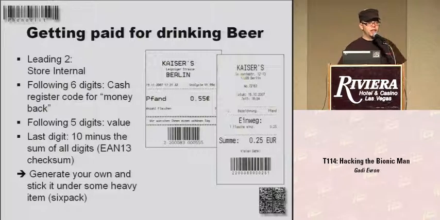And to prevent this, the stores started to use special paper, so they would recognize their own paper. But if you stick the barcode under your six-pack, which is heavy, and the lady at the cash register doesn't like to lift it up, they just scan it over. So if you stick something under this and you are not too greedy, you actually get paid for drinking beer.